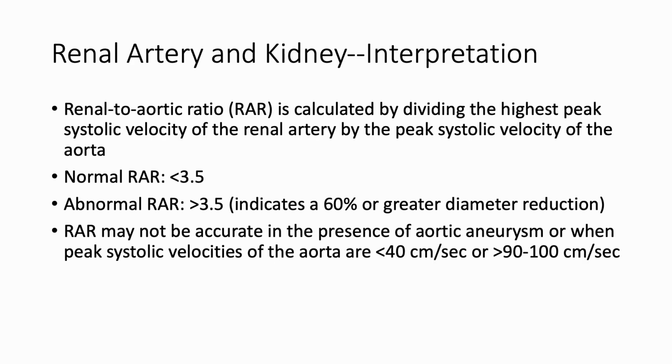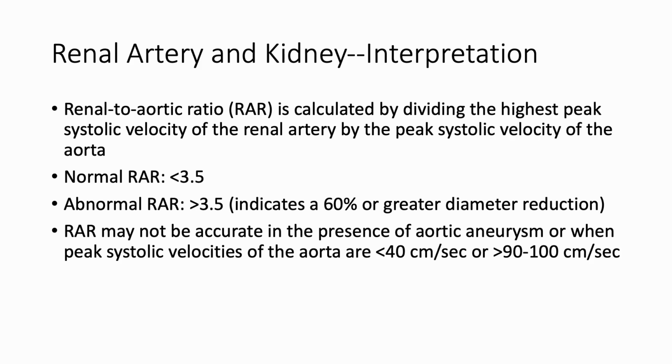Okay, now let's talk about what we're going to find when we image these renal arteries. After we image, we're going to calculate what's called the renal to aortic ratio, the RAR. We calculate that by dividing the highest peak systolic velocity of the renal artery by the peak systolic velocity of the aorta.